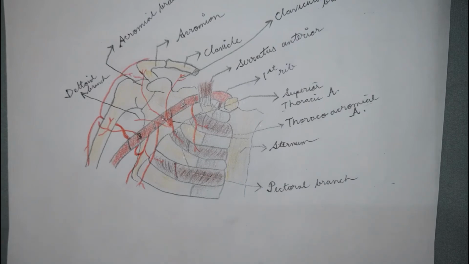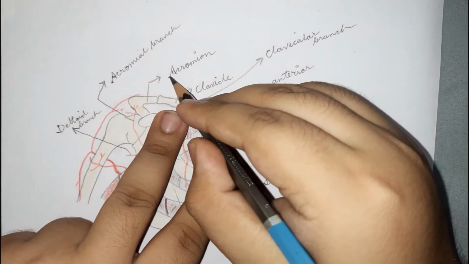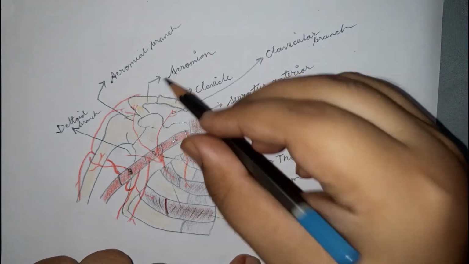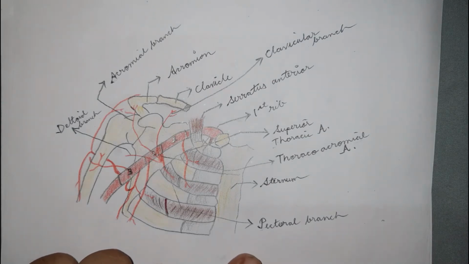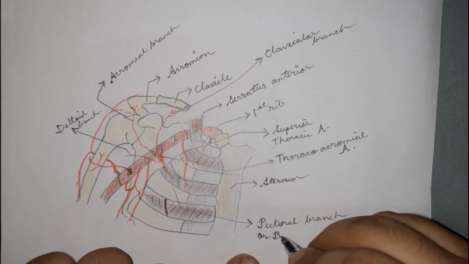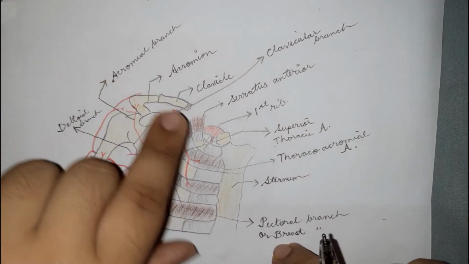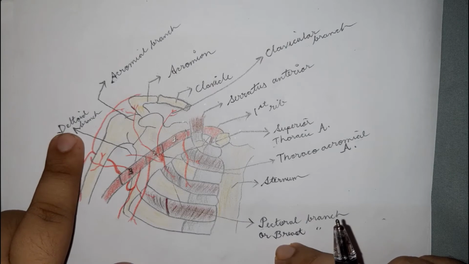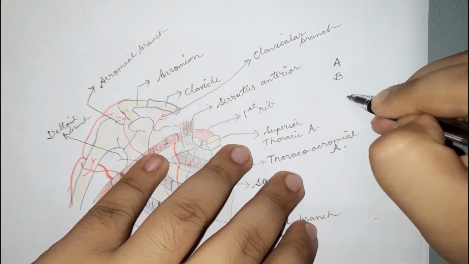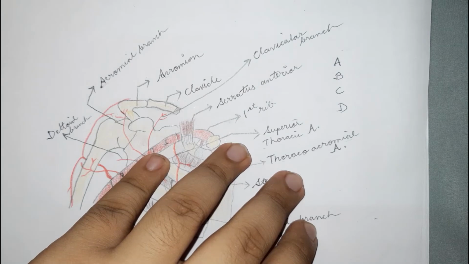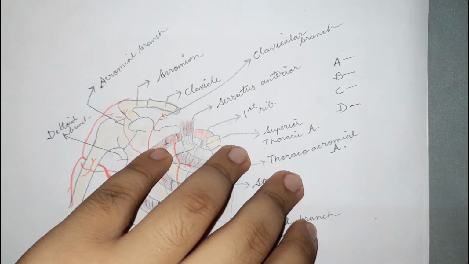Now, why did I say in the beginning that these four branches are pretty easy to remember? If you take the first letters of all these four branches: A, this is P or B, the pectoral branch or breast branch, then clavicular C, deltoid D. Such a good mnemonic: A, B, C, D. Acromial, breast branch or pectoral branch, clavicular branch, deltoid branch.